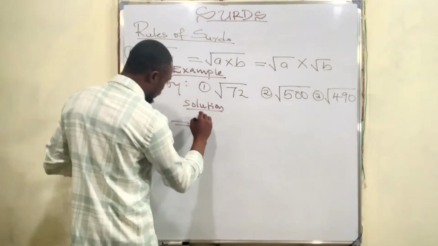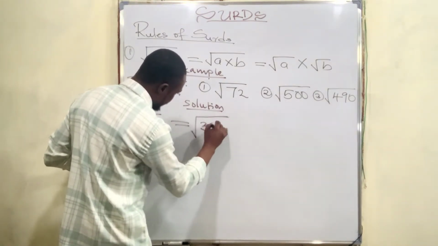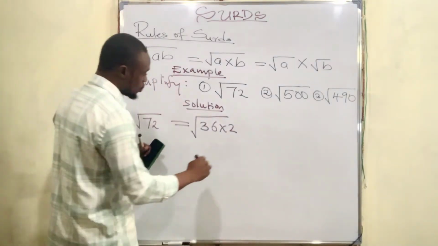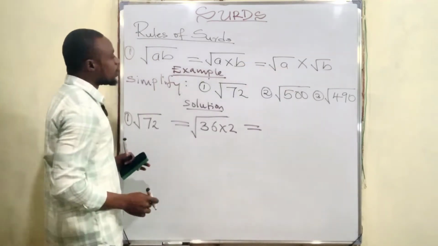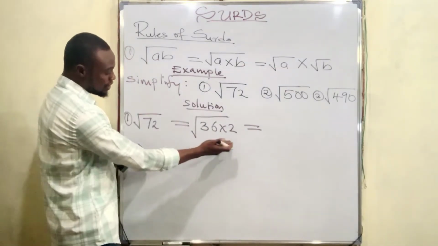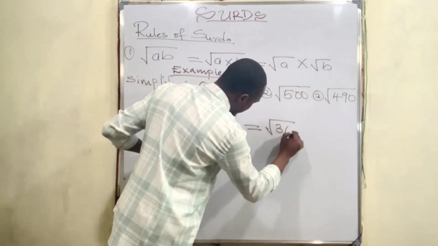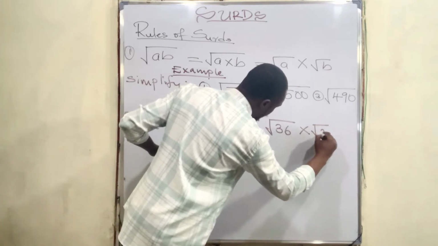So in this case we have 36 times 2. 36 times 2 is basically what? 72. So just like in the first rule, we split this root. We now have the root of 36 times the individual root of 2.